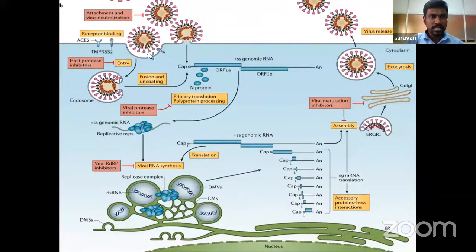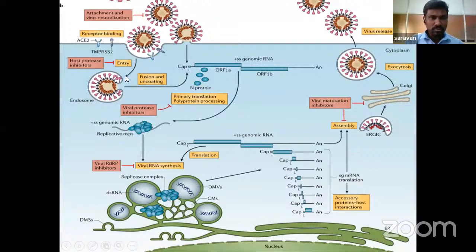Once the virus binds to the ACE2 receptor, it can enter the host cell, the human cell, by two methods. One is endocytosis mediated entry, the other is TMPRSS2 mediated entry. TMPRSS2, as already discussed by the microbiologist, is transmembrane protease serine 2, which helps in the endocytosis of the virus.